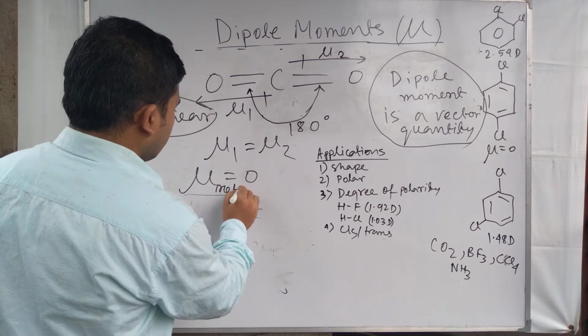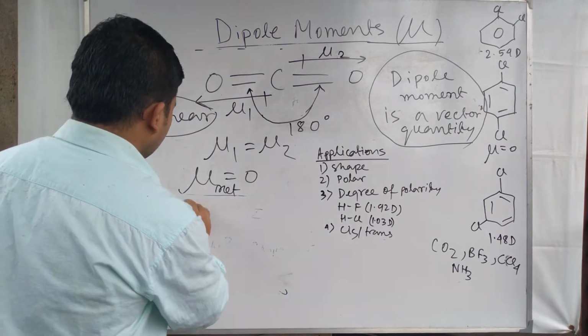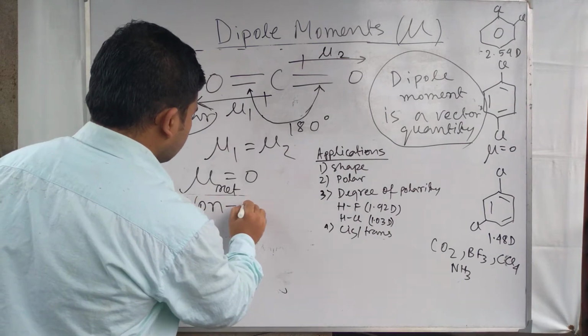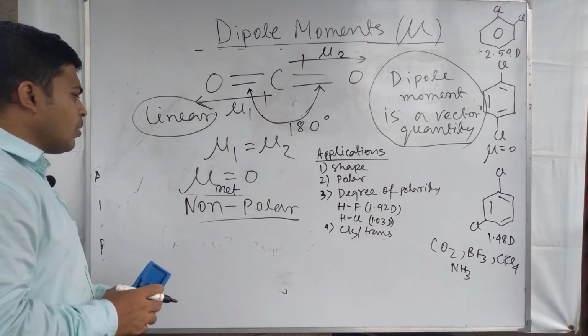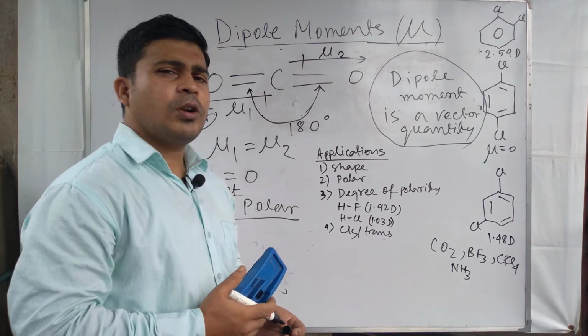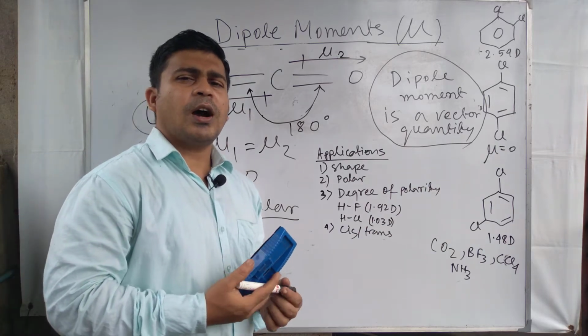Mu net means net dipole moment is 0, and the molecule is non-polar. The carbon dioxide molecule is a non-polar molecule, but its bonds are all polar.